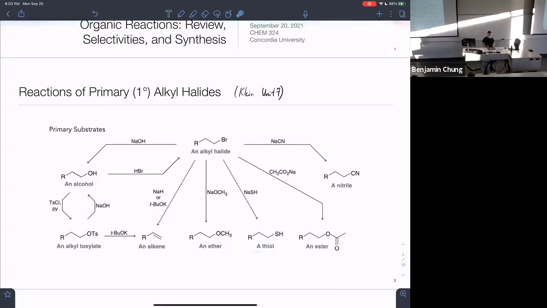This one? Yes, as well. Okay. So there are these four. This is just to summarize that you can do nucleophilic substitution with many different nucleophiles. Here you have methoxide acting as a nucleophile.